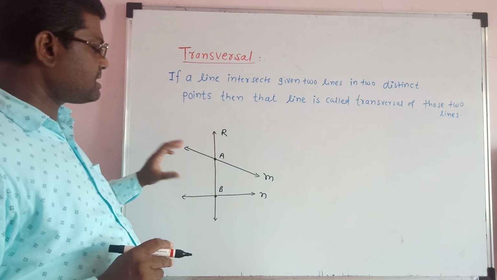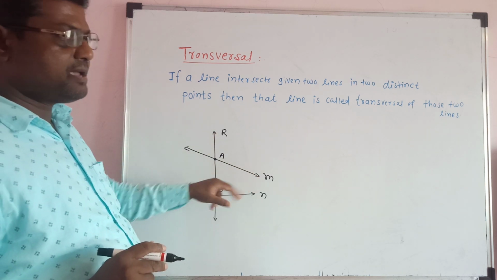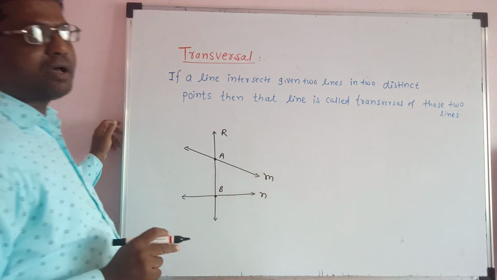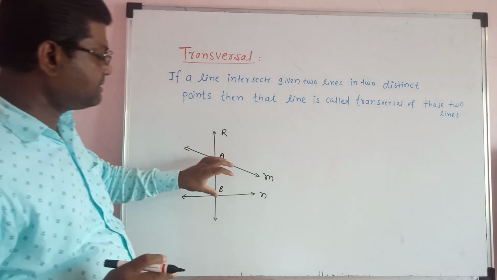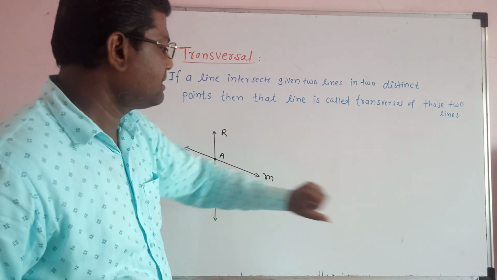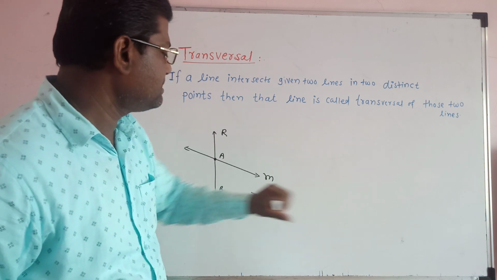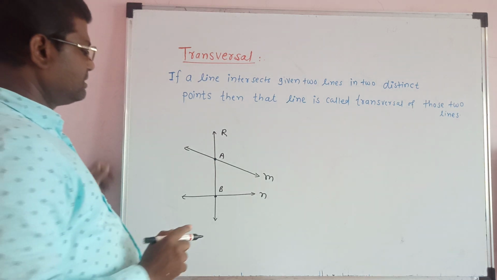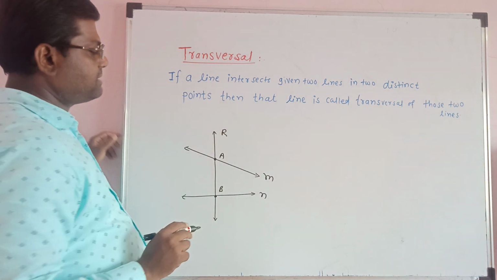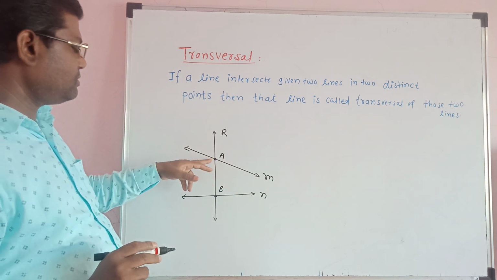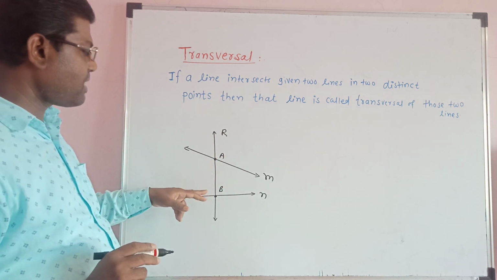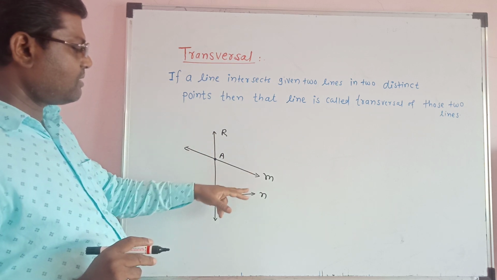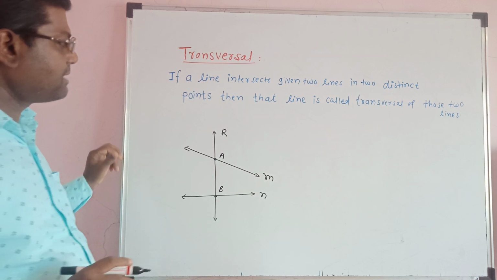So R is a transversal of lines M and N, where M and N are also intersecting lines. Here we extend these lines in this direction. These lines will intersect each other, and line R intersects these two lines in two different points, that is two distinct points. Then line R is called a transversal of lines M and N.